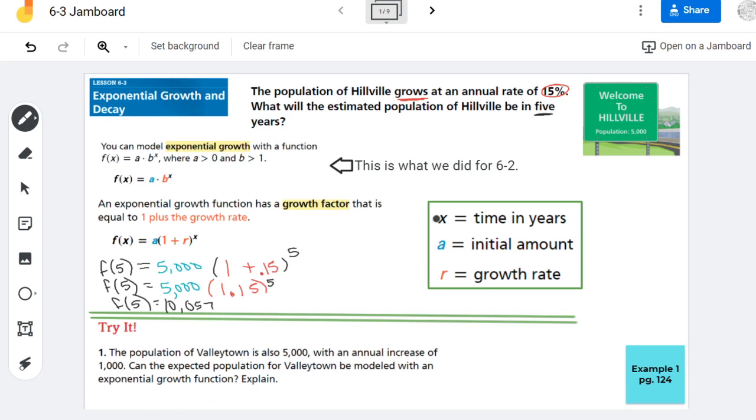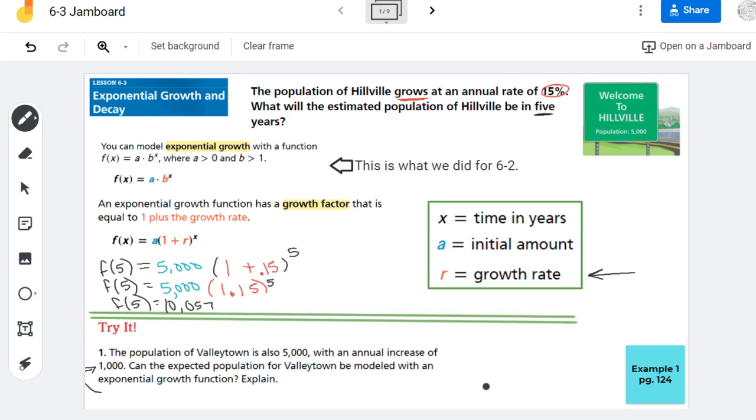Exponential growth requires a growth rate, which is some kind of set percentage that the town grows by. In this case, there's not a set percentage that it grows by, but a set number of people. And that number of people is neither the A or the R value.